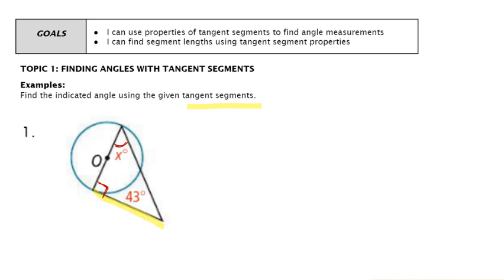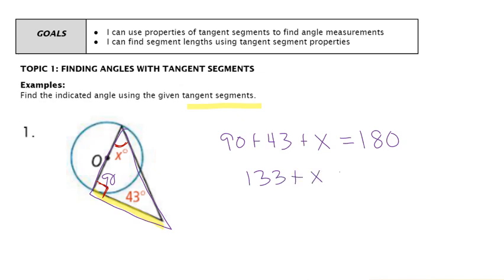It's one of the interior angles of the triangle. So really, we're just adding up to 180. So I know that my 90-degree angle plus my 43-degree angle plus this third mystery angle is 180. And then we can just go ahead and solve for x. So that's one way to do it.